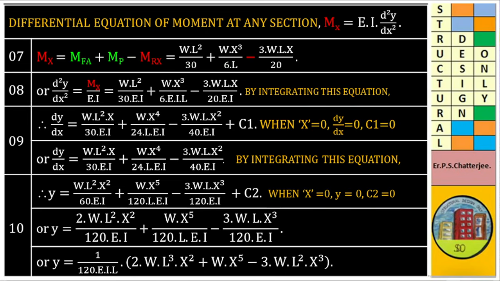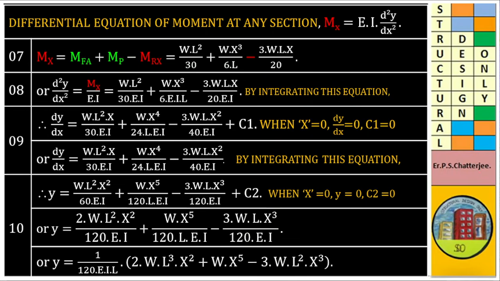Or d2y by dx2 is equal to Mx by EI, which is equal to W L square by 30 EI plus W x cube divided by 6 EIL minus 3WL into x by 20 EI.